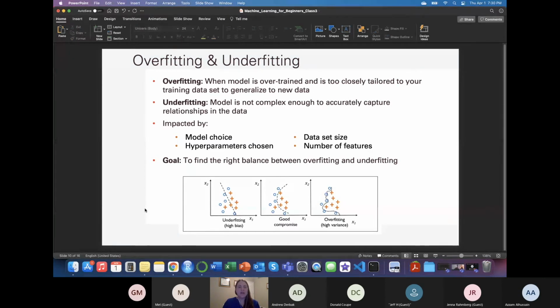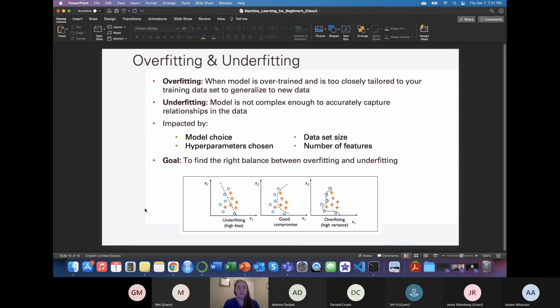The other reason you might be overfitting is if you're using a model that is too complex for the amount of data that you have. So if you try to run a neural network on 1,000 observations, you're going to overfit your data. It's 100% sure. Neural networks generally require tens of thousands of data points. Linear and logistic regression are going to do a lot better with smaller data sets because they're a lot less complex. So that is what overfitting is.